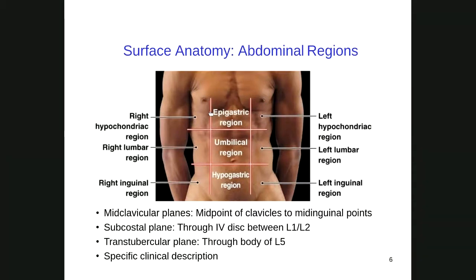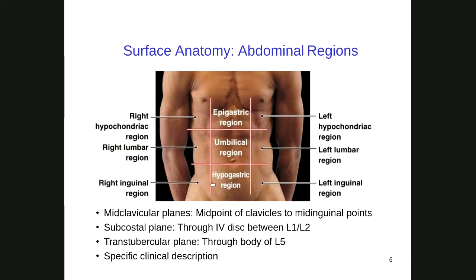Of the 2 horizontals, one is the subcostal plane, running through the disc between L1 and L2, and then the lower line, the transtubercular plane, which is at the level of L5 between the tubercles.